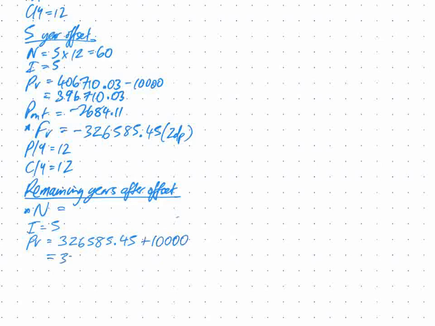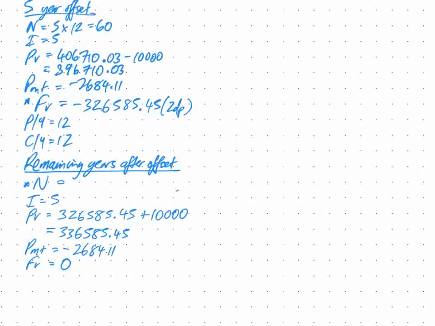So now it's going to be 336,585.45 that I owe the bank. You don't want to owe money to multiple banks. So I'm making the normal payments as before. Because I'm not doing anything else funny after this, I'm reducing the loan debt to 0. And PY is 12 and CY is also 12. If I chuck those numbers into the calculator, I get 177.77 months to 2 decimal points.